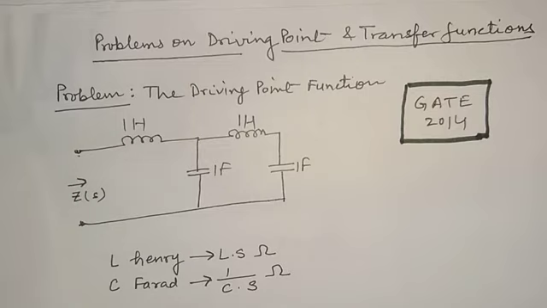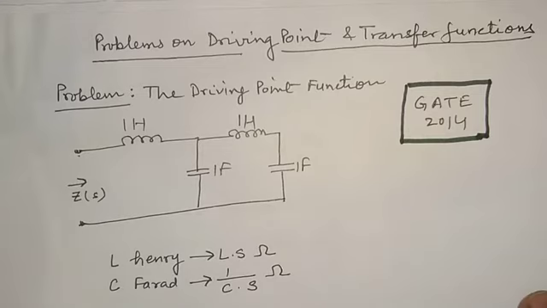Since impedance is to be calculated, these inductances and capacitances must not be in Henry and farads, but in the form of ohm, because the unit of driving point impedance function Zs is ohm.